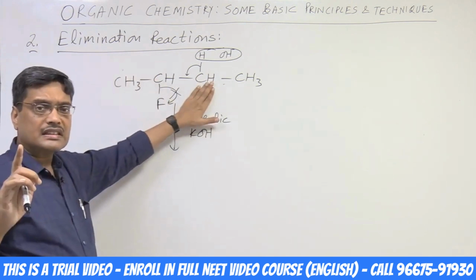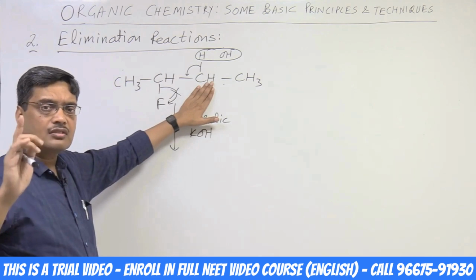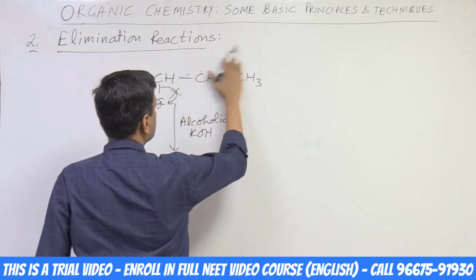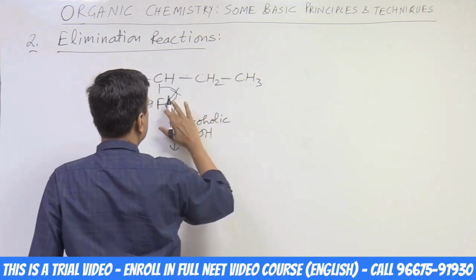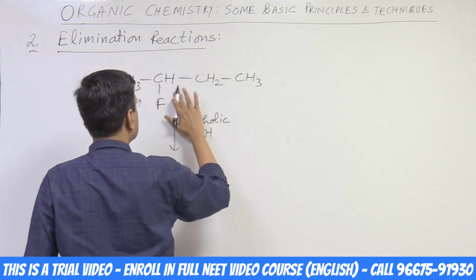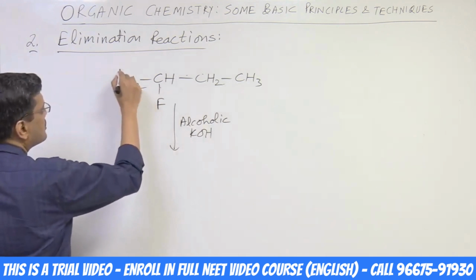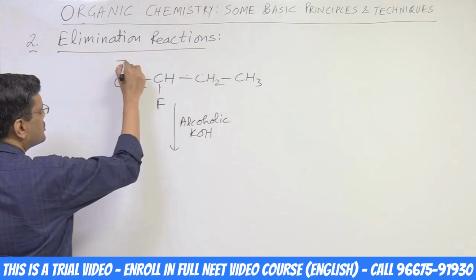So this reaction shifts into two steps, not in one step, and H plus ion is removed from this carbon because the primary carbanion is more stable.